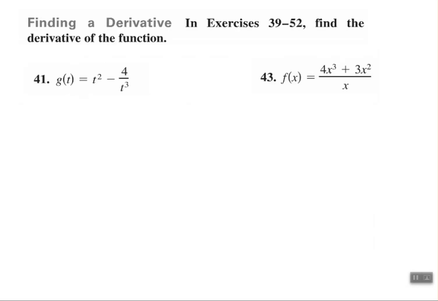All right, let's look at finding the derivative of these functions. This first one, we have g of t equals t squared minus 4 over t to the third. All right, so let's rewrite the second term there. So we have t squared minus 4 times t to the negative third. All right, now we want to differentiate each one of those terms.